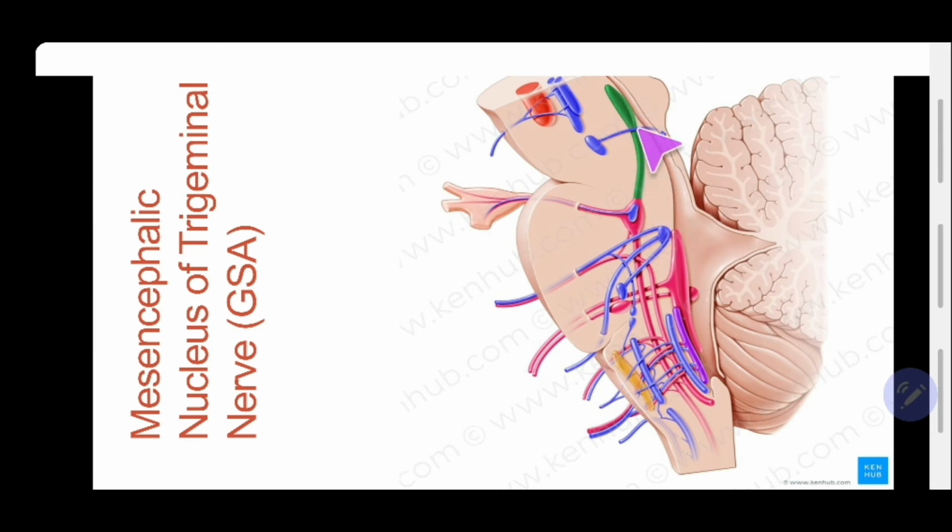And I told you already, all the muscles in the head and neck region, their proprioceptive sensations are brought into the mesencephalic nucleus. Got it? Including the sensations from the teeth, the jaw, and the TMJ, temporomandibular joint also.